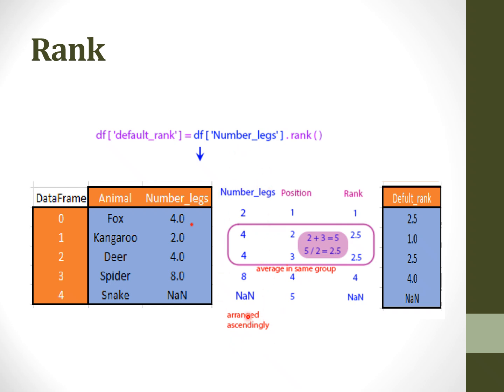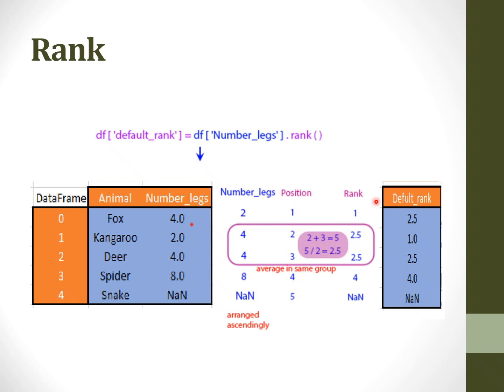Then we are fixing the position after sorting them in the ascending manner. We start from 1 and assign position values for each sorted number of legs: 1, 2, 3, 4, 5. Next, we have to set the rank.